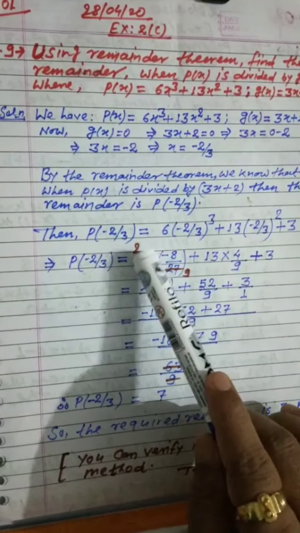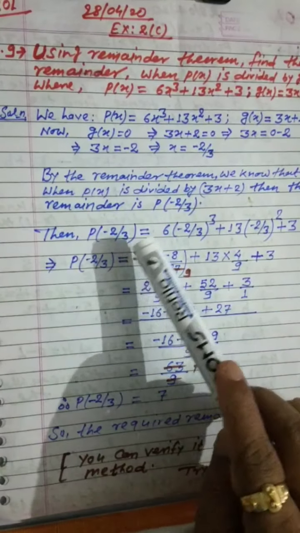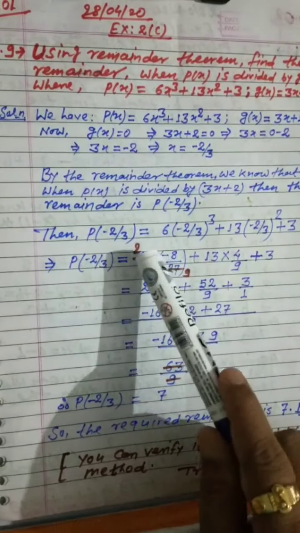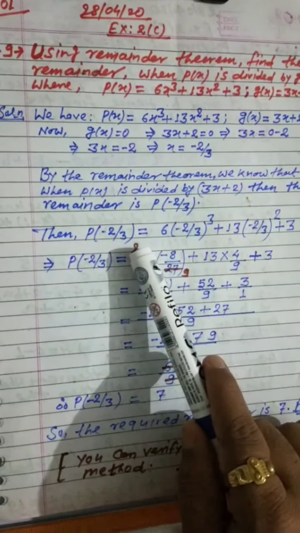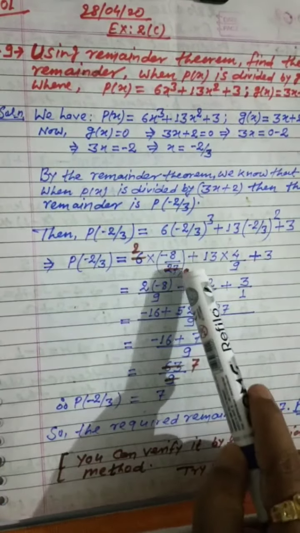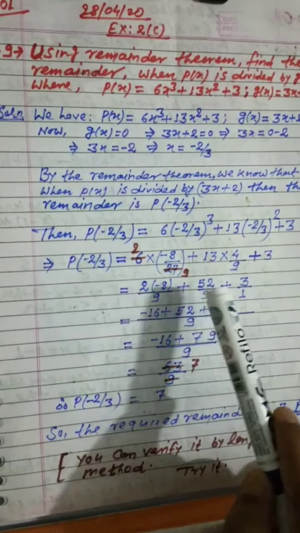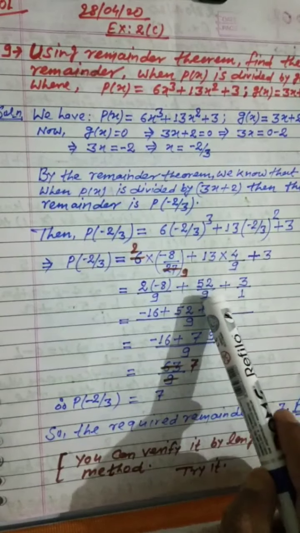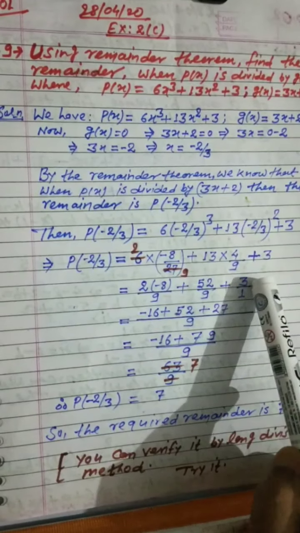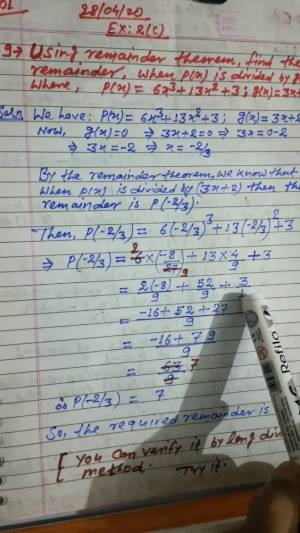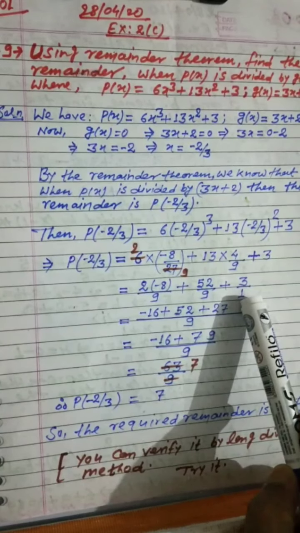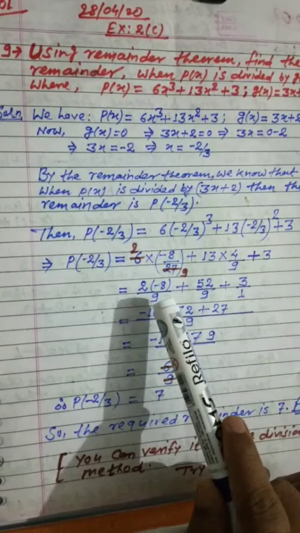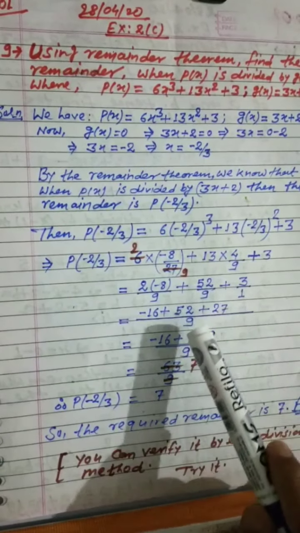We have cancelled 6 by 3 in 2 times and 27 by 9 in 3 times. Here plus 13 into 4, that is 52 by 9, plus 3, and in the denominator of 3 nothing is there, so the denominator will be 1. Now the LCM of 9 and 1 will be 9.